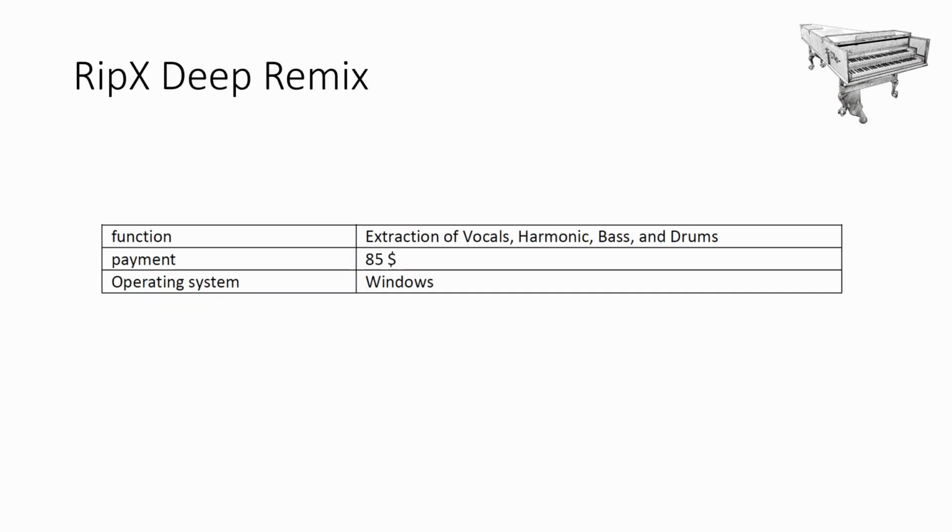Now the second application I tried and I quite like is RipX Deep Remix. Again, it extracts these 4 components, but you actually have to pay for it. You can also do a trial version, but then it's $85, which is a lot.